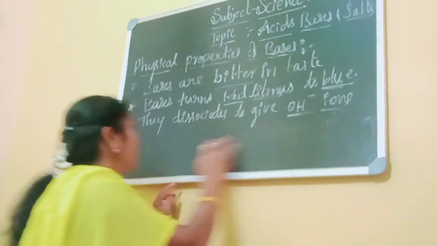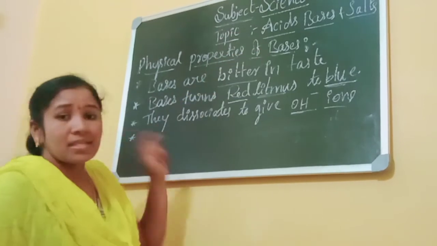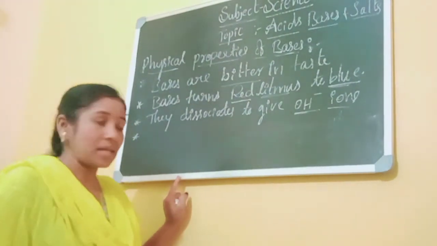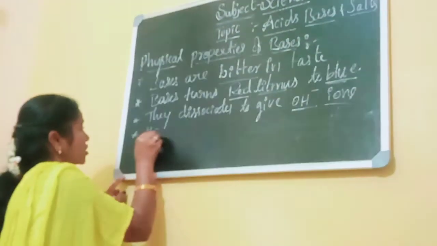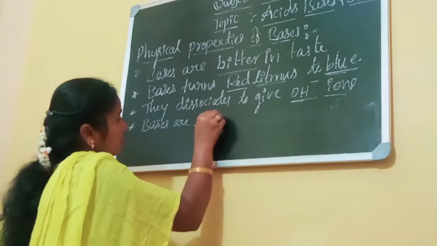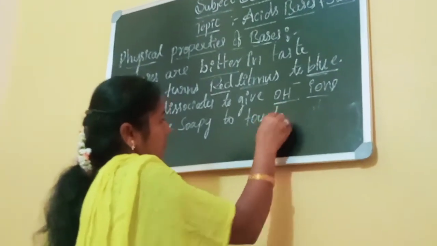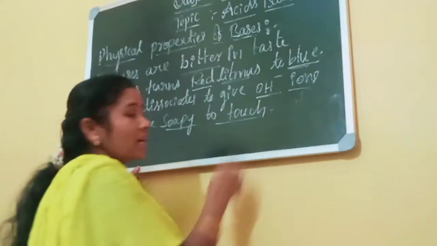Understand? Now the next property is: bases are soapy to touch. Soapy to touch means what?